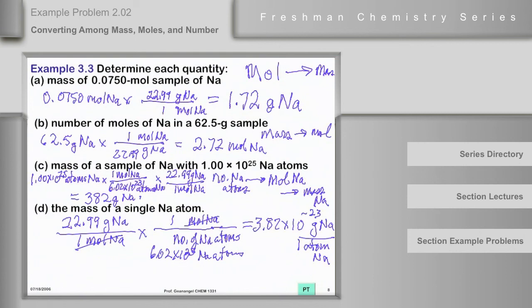In this problem it's pretty straightforward, but in some cases it may not be so straightforward, and it might be possible for you to get confused about grams of what you're talking about. If you're doing conversions in a chemical reaction, then you definitely want to put down grams of what it is.